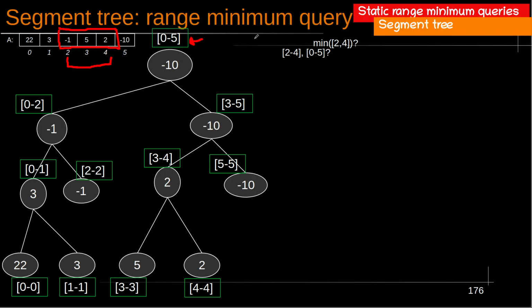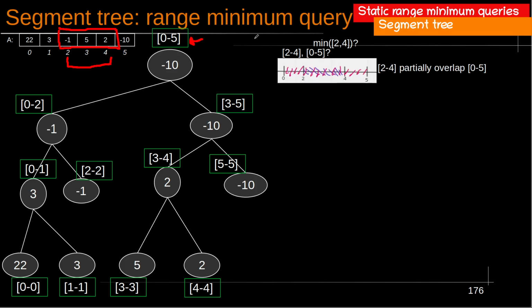Here, as you see, we have a partial overlap. 2, 4 in the purple color.